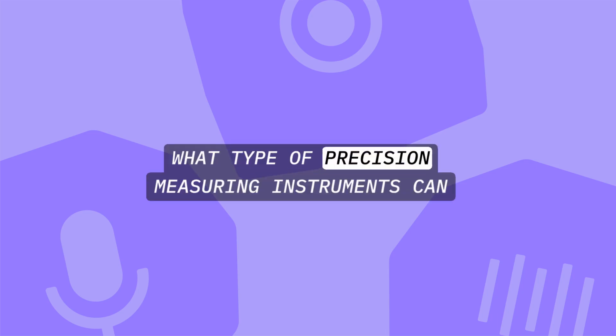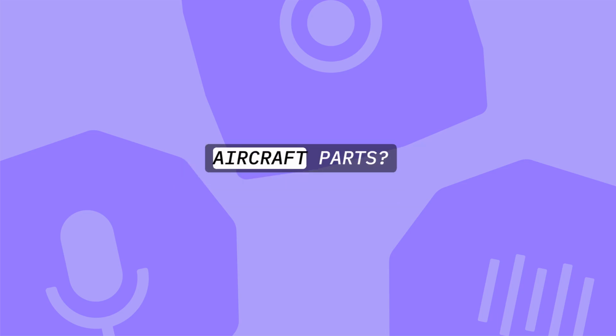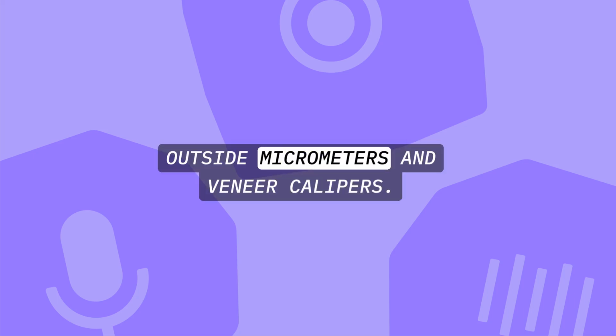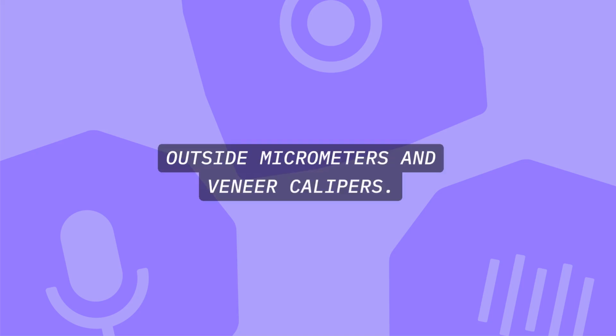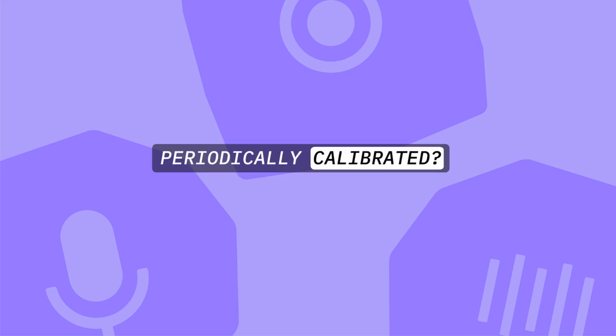What type of precision measuring instruments can be used to measure the outside dimension of aircraft parts? Outside micrometers and vernier calipers. For what reason should a micrometer be periodically calibrated?